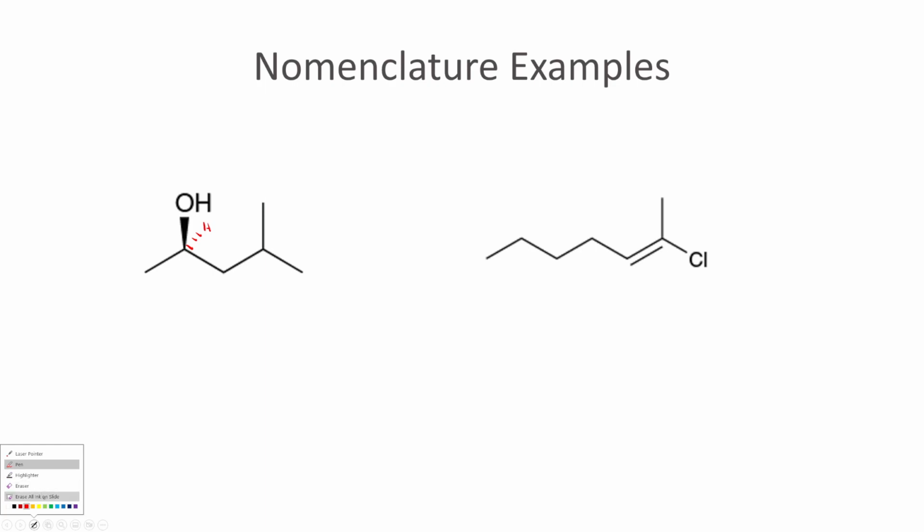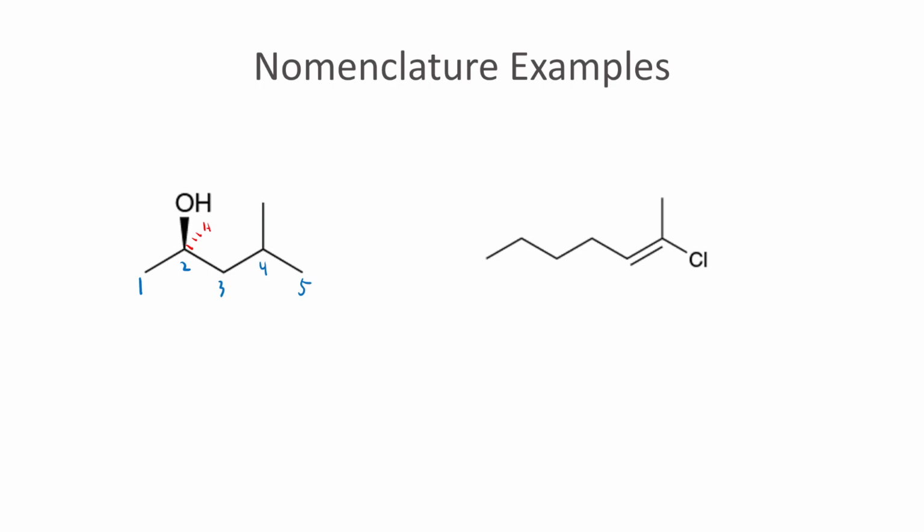It must contain that group. So we can number the substituents, and because our alcohol is closer to the left, we're going to number left to right, starting on the end closest to our highest priority group. And we can either call this carbon at the top 5 or this carbon on the side. I'm going to call the one on the side carbon number 5 just because I think it looks a little nicer.